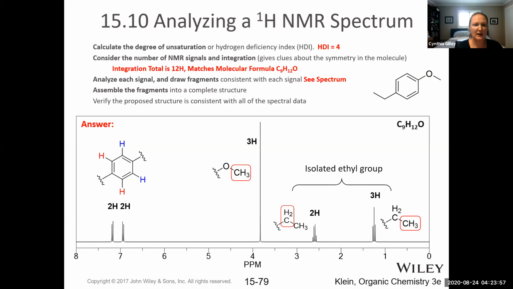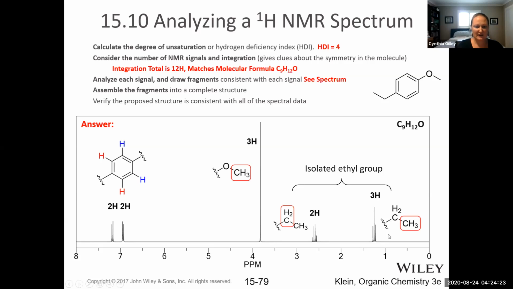So in step 1, I calculated the HDI according to the formula, and I got 4. Right, so 4 tells me maybe I have an aromatic ring because we have 1 ring and 3 pi bonds. So that's one easy way to get to 4 pretty quickly. Then I consider the number of NMR signals and integration to get clues about the structure.